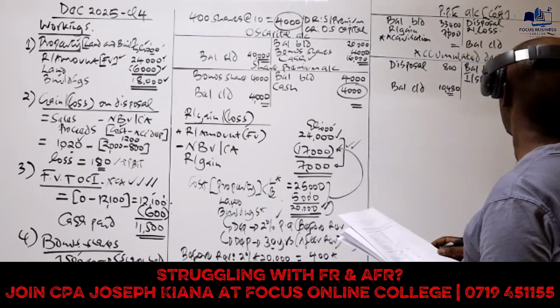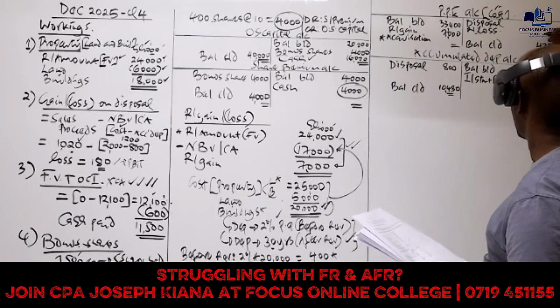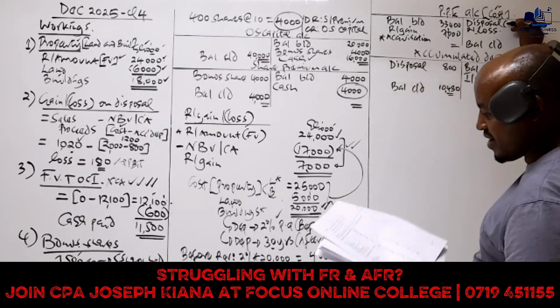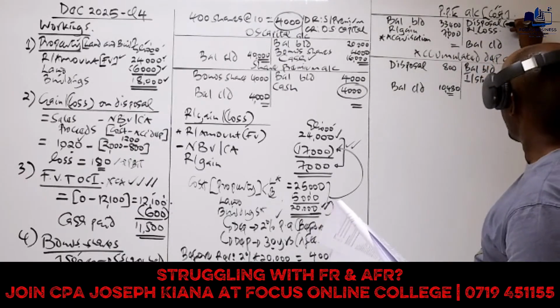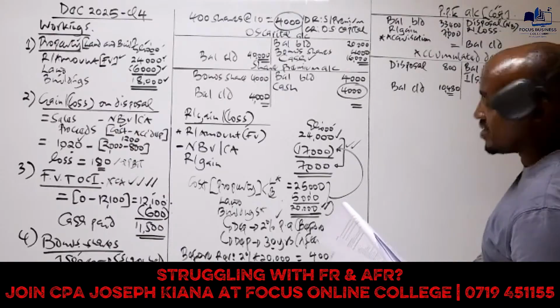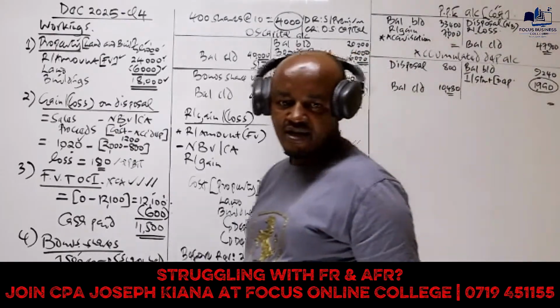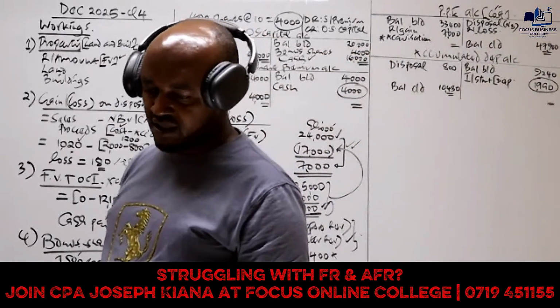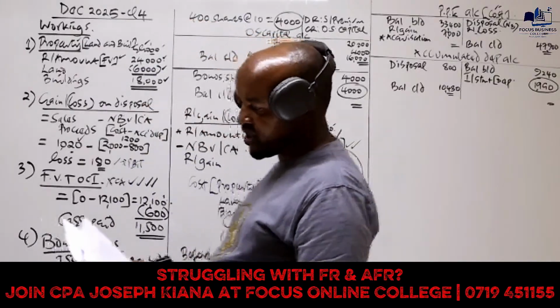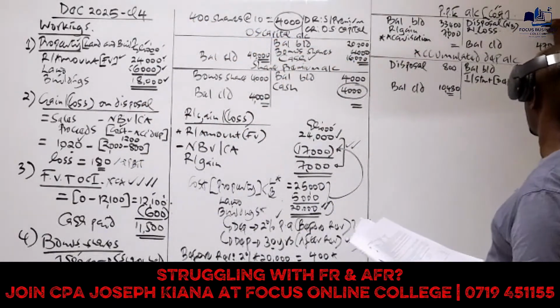Yes. And then we also have the disposal. This one is what we have in note number 3, the motor vehicle which was disposed. I've said everything in that account will have to be recorded at cost. So we record it here at cost.